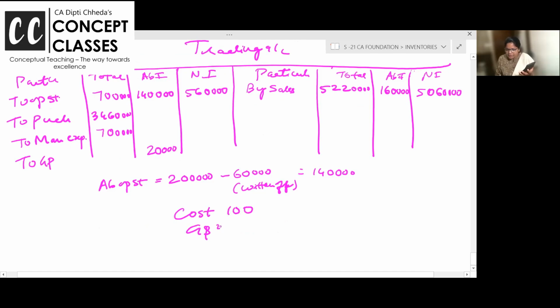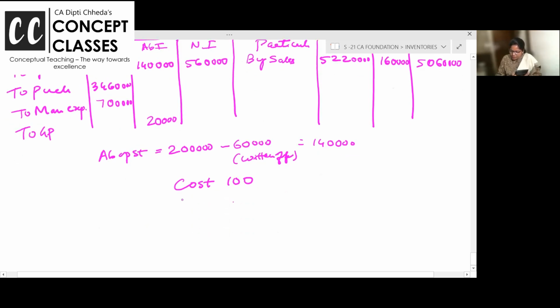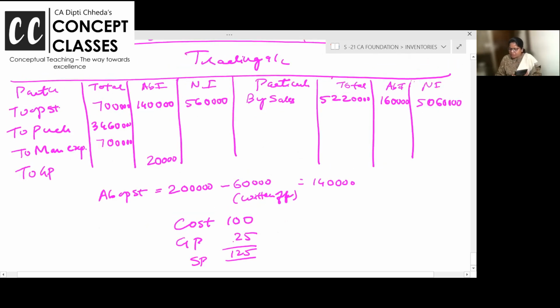GP is 25% on the cost. Write down please all of you. Cost is 100, GP is 25% on cost. So selling price is 125.